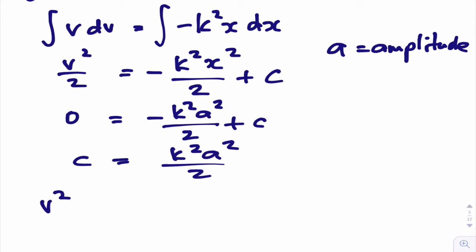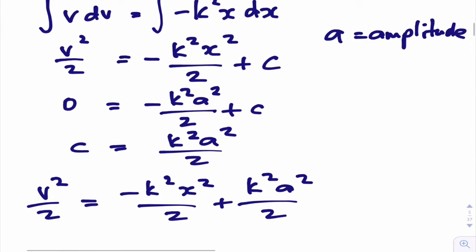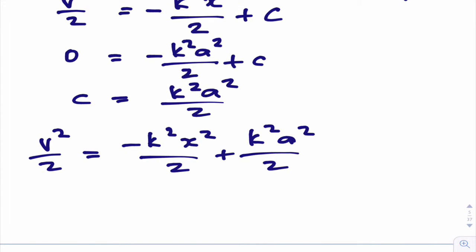So we get v squared over 2 equals negative k squared x squared over 2 plus k squared A squared over 2. Remember that A is the amplitude, the biggest value you're going to get for x. If we multiply everything by 2 and do a bit of factorising, we get v squared equals k squared times (A squared minus x squared).